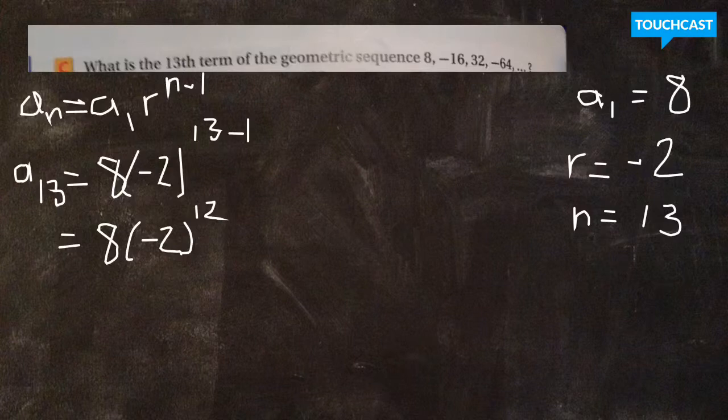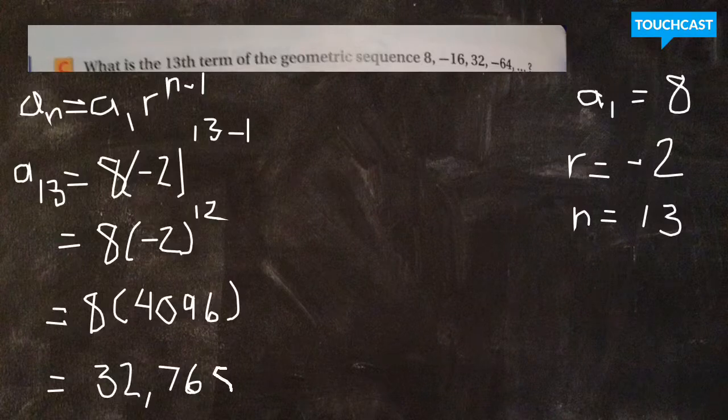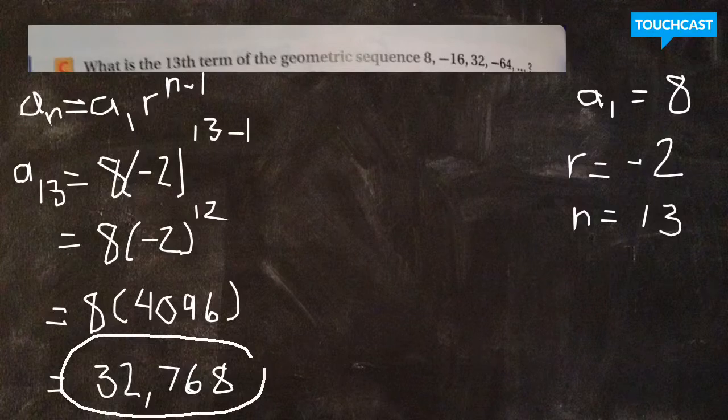Now we're going to do negative 2 to the power of 12, which is 4,096. So we've got 8 times 4,096. And now we can multiply 8 times 4,096, which is 32,768. So the 13th term of this sequence is 32,768. We're going to move on to our final example.